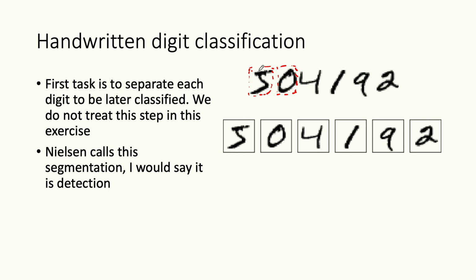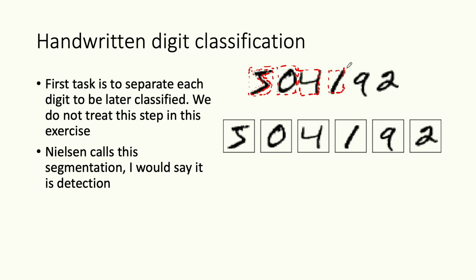Then if that's your task, segmentation would cut out this thing and tell you that part is digit, the rest is background. Anyway, object detection, as I would prefer to call it, would be drawing bounding boxes around each of these digits. That's a separate task, and it's not one that we're going to treat in this course.